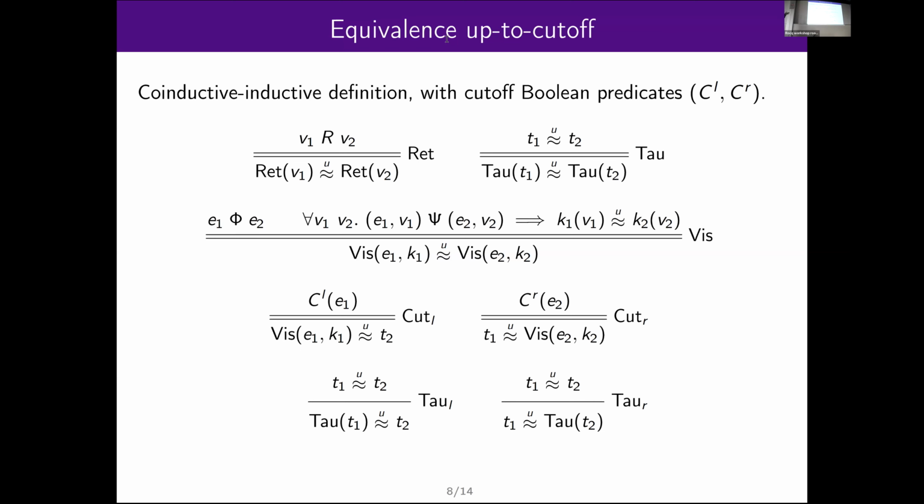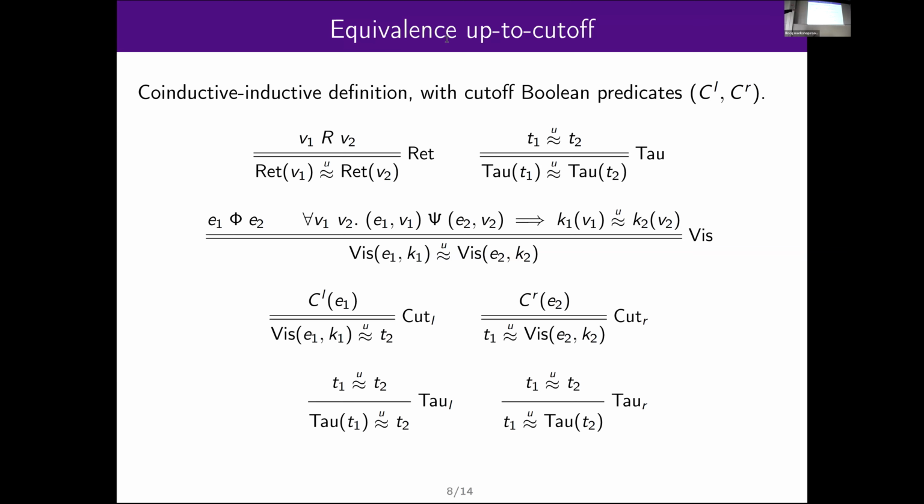Here I'm showing not exactly the Coq code, but the structure of the definition for this relation. The first one I showed was equivalence up to tau. This one is an equivalence up to cutoff, in the sense that it takes into consideration these cutoff points. Of course, there is the R relation between return values with return value types.